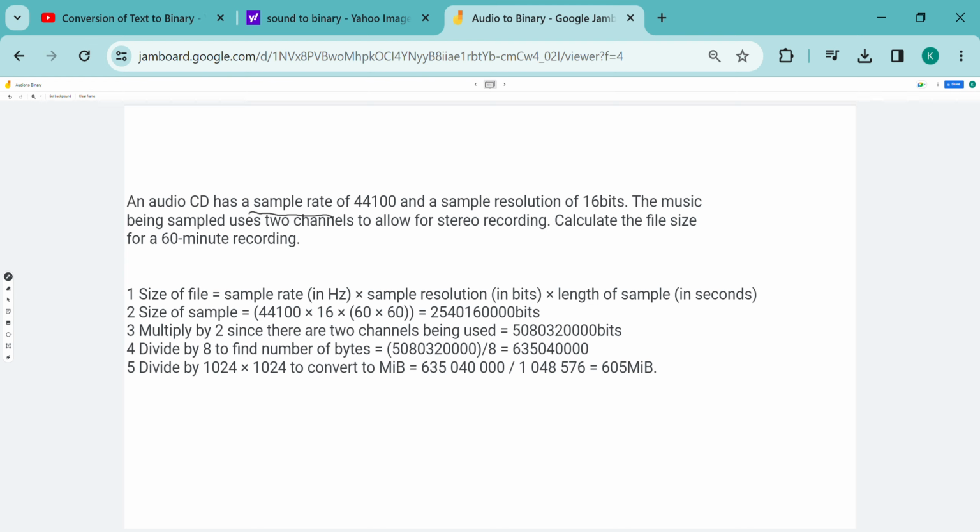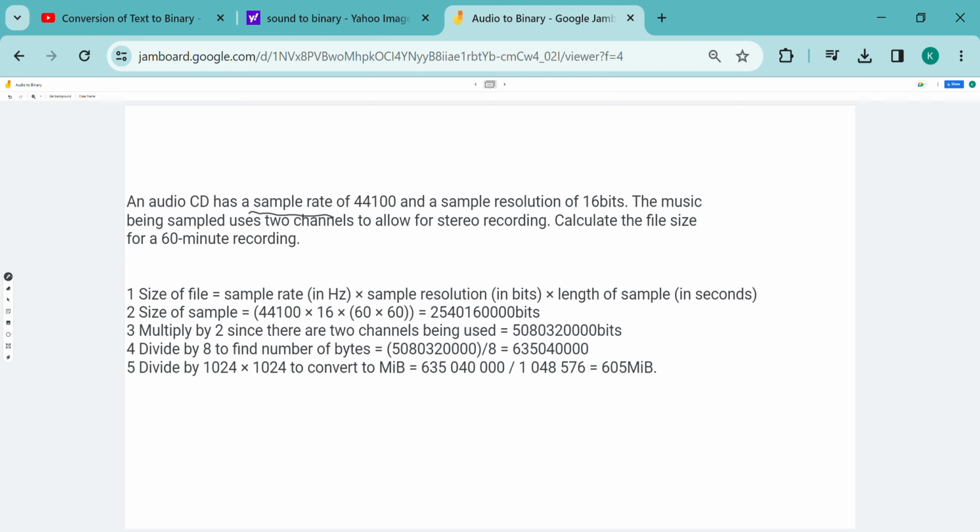So this question says an audio CD has a sample rate of 44100 and a sample resolution of 16 bits. What does it mean? That we are storing each sample in 16 bits.